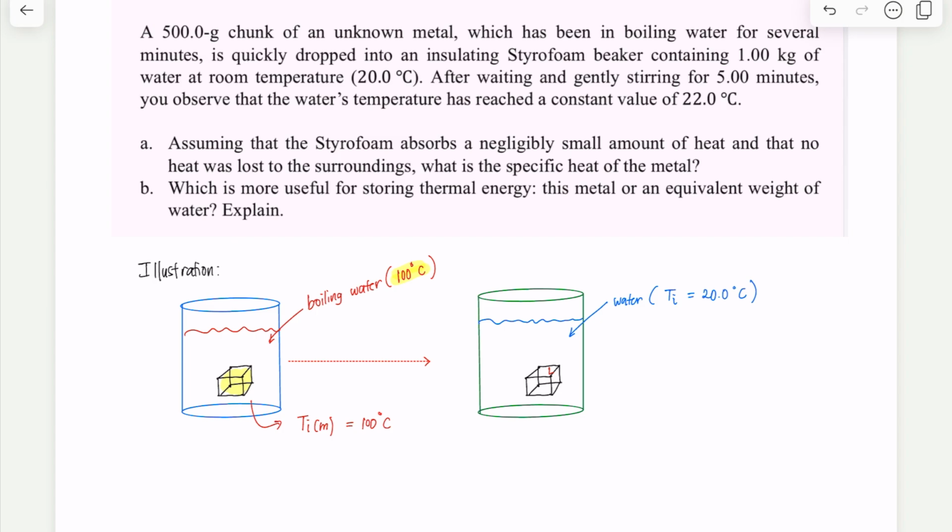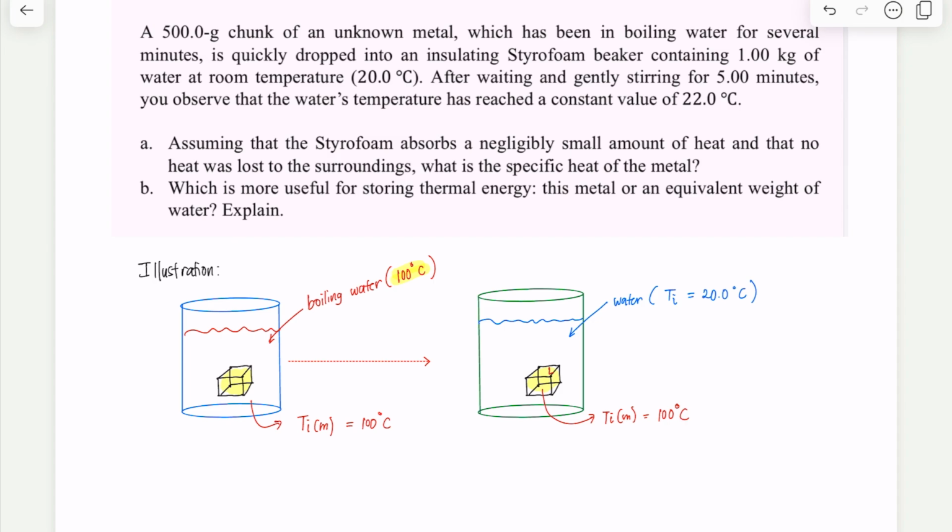Then afterwards, it's mentioned here that the chunk of metal was transferred. So the chunk of metal is now in this portion here. It's transferred to water, and the water is at 20 degrees Celsius. I'm just going to write here T sub i of the metal, initially at 100 degrees Celsius.